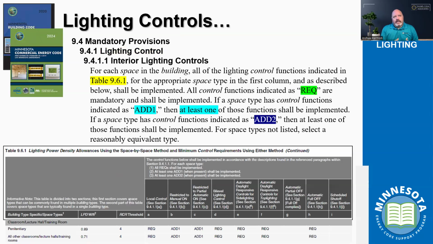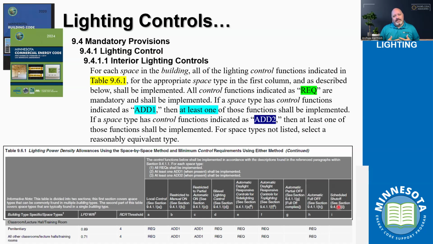When we talk about interior lighting controls, again, remember, we're talking lighting. We're not talking receptacle controls. Lighting controls, we go back to the table, right? The table is going to provide us those specific requirements on the types of lighting controls that we need to have. Whether that's local control, restricted to manual on, restricted to partial automatic on, by level, automatic daylight response, automatic partial off, full off, and then scheduled shutdown, right?